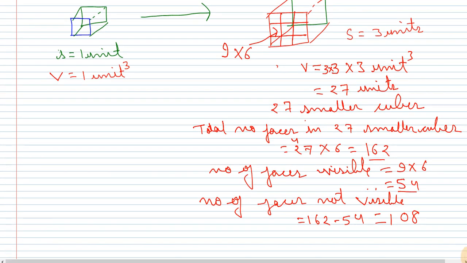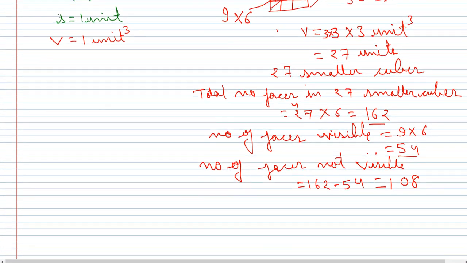And we have to find the proportion. The number of visible faces is 54 and the number of not visible faces is 108, and if we solve this, the proportion will be 1:2.